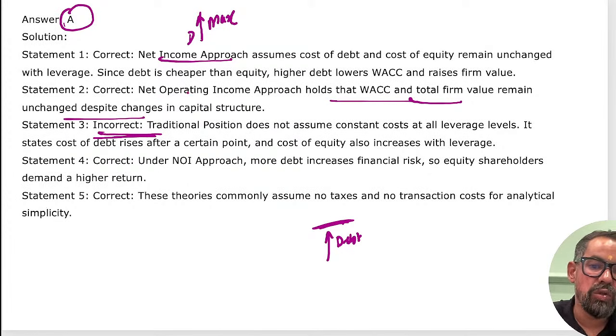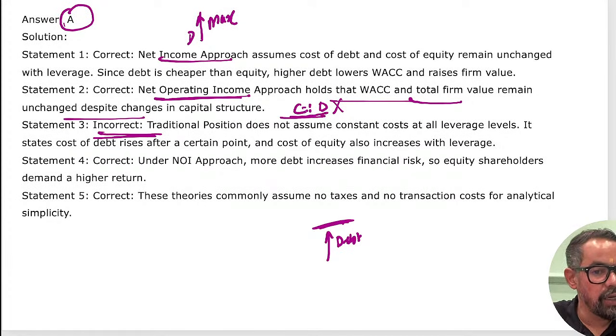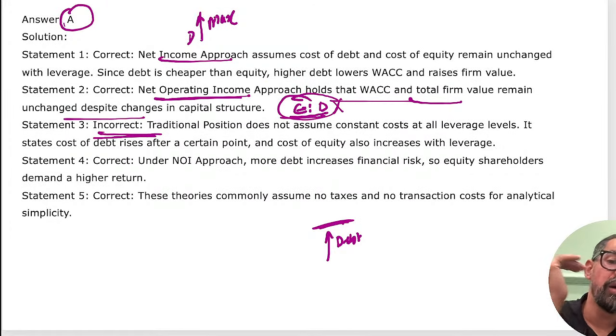But when it comes to the net operating income theory, what it was saying is that the mix of equity and debt won't affect the overall value, because if there is high debt, the equity holders will also expect high return from the market. Eventually the benefit will nullify what you are claiming in your net income approach. That is the meaning of this.